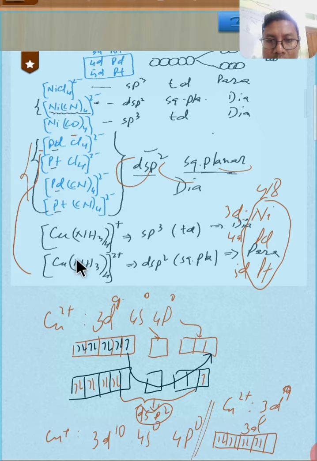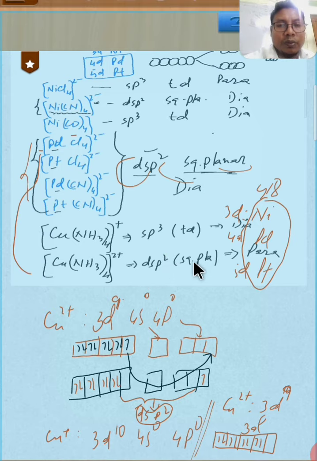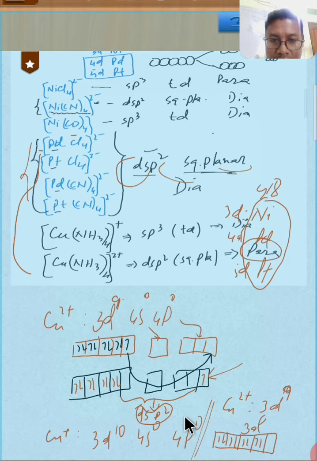So Cu(NH3)4 2+ will have a hybridization of dsp2, and the geometry will be square planar. And what will be the magnetic nature of this complex? This will be paramagnetic, because there is one unpaired electron here, right?